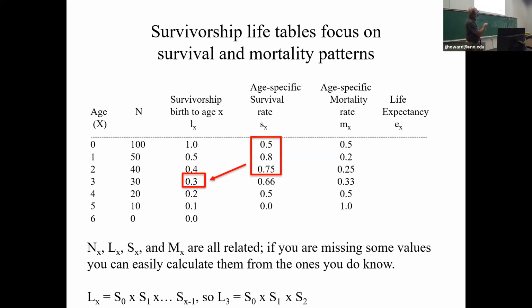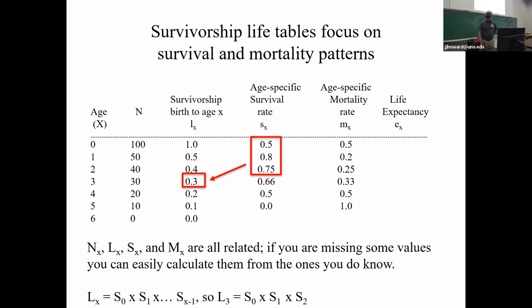The SX column can be multiplied together to generate this. 0.5 times 0.8 is 0.4. 0.4 times 0.75 is, hey, 0.3. Whether or not you have all the information, whether or not you remember exactly how to do it, for a given table, there's always a way to generate any missing numbers.